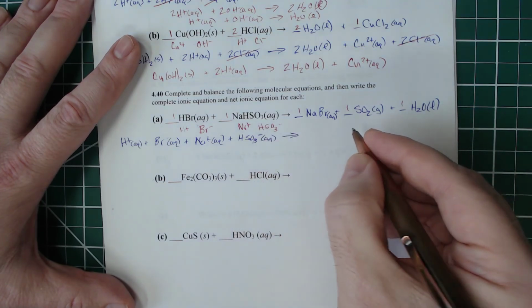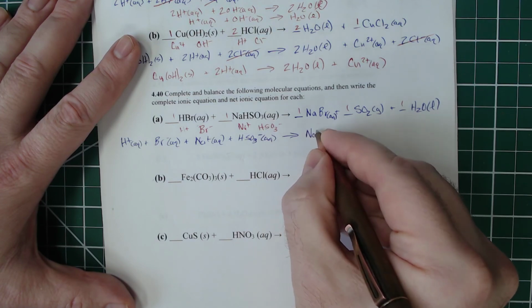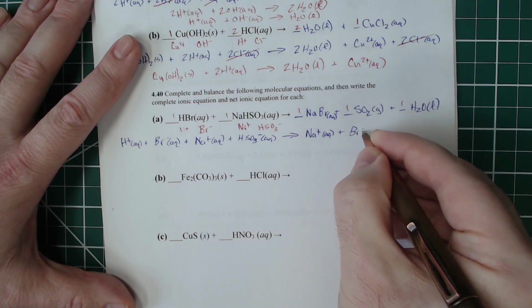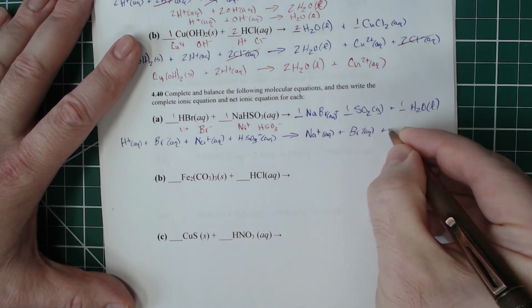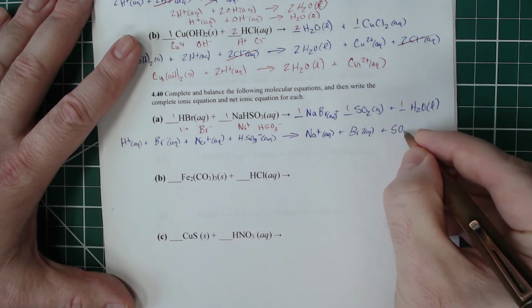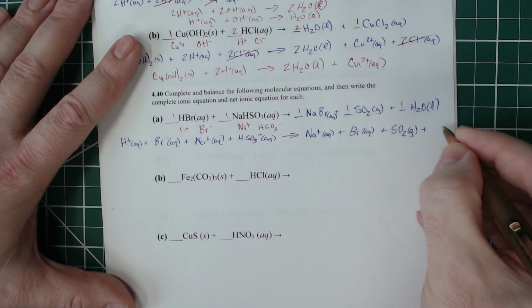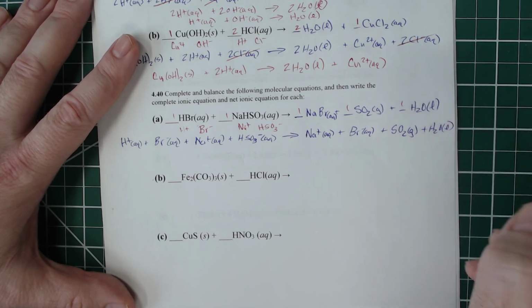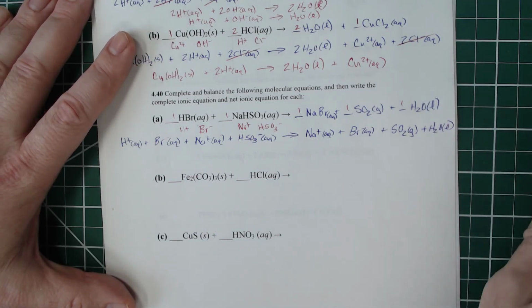On the right side, we will get the sodium ion, AQ, plus the bromide ion, AQ, plus sulfur dioxide gas, plus H2O liquid. Now we want to cancel out any spectators.